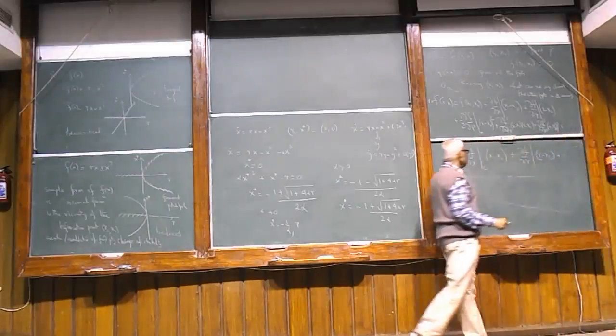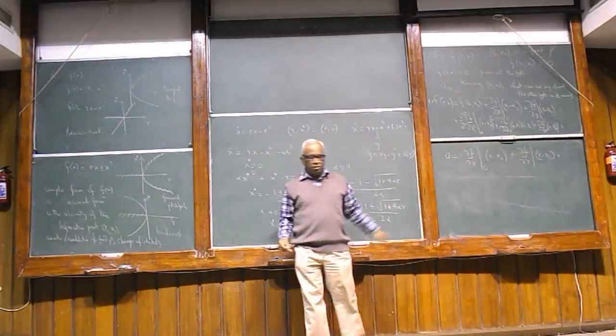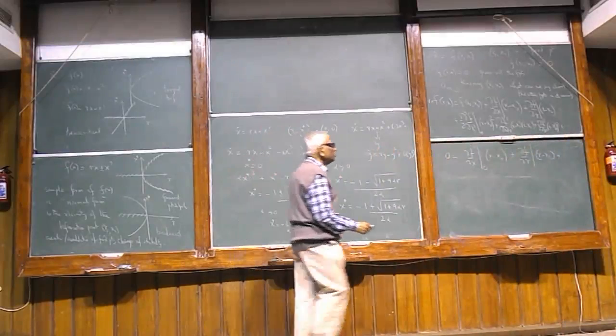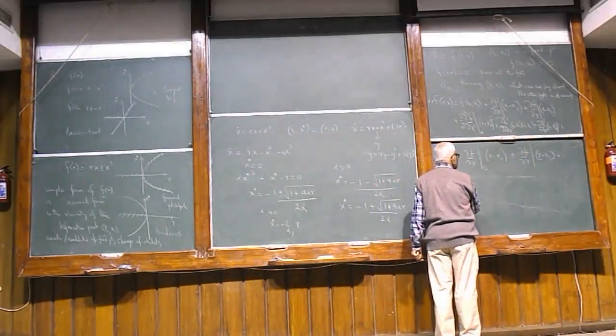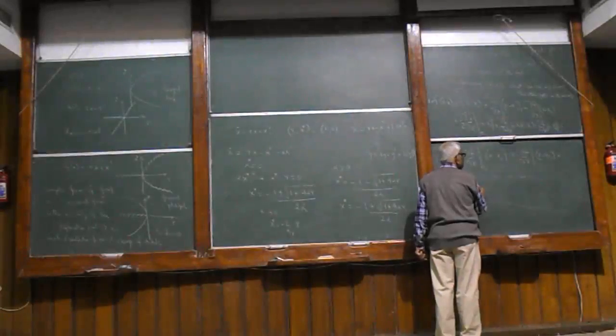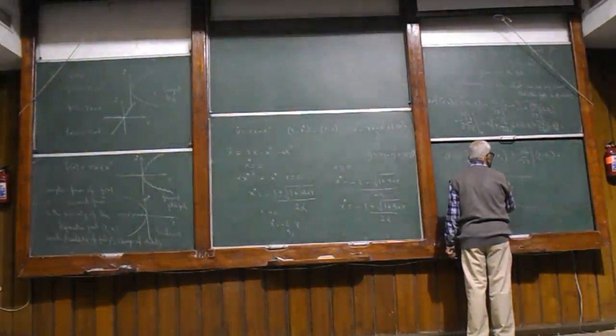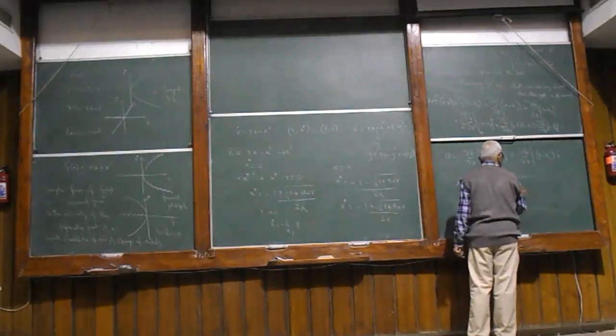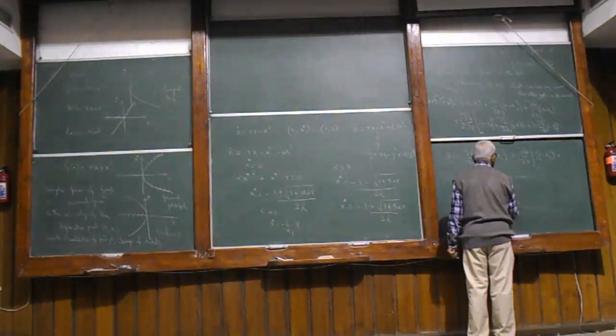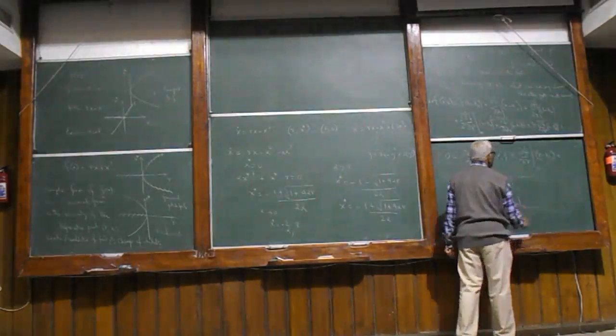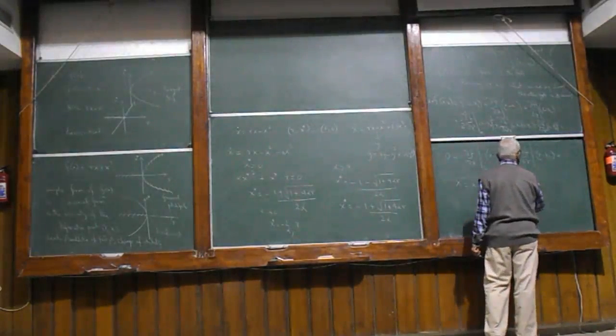Suppose ∂f/∂x is not 0, then you can easily write x is equal to x_0 minus ∂f/∂r divided by ∂f/∂x.